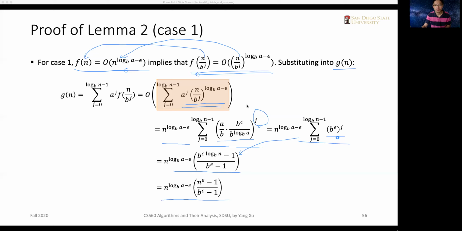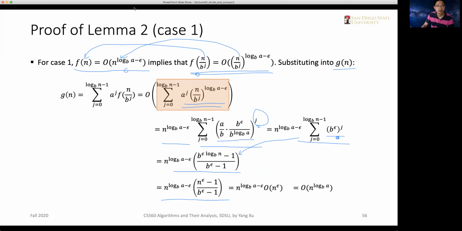So we can see that it has the upper bound of logarithm n times n raised to the power of log base b of a.